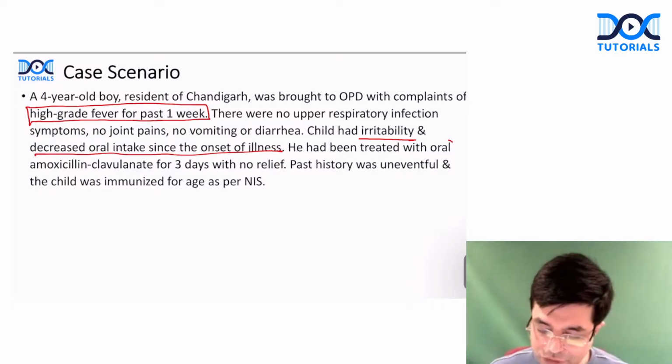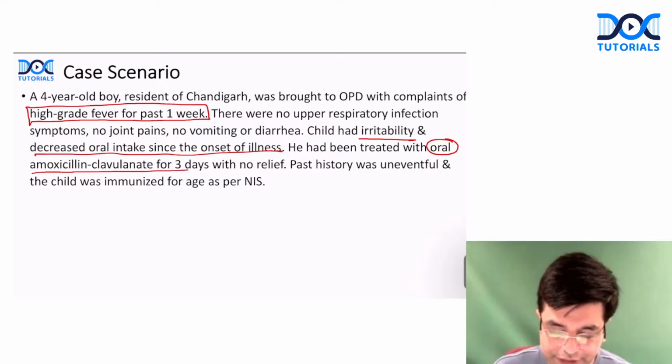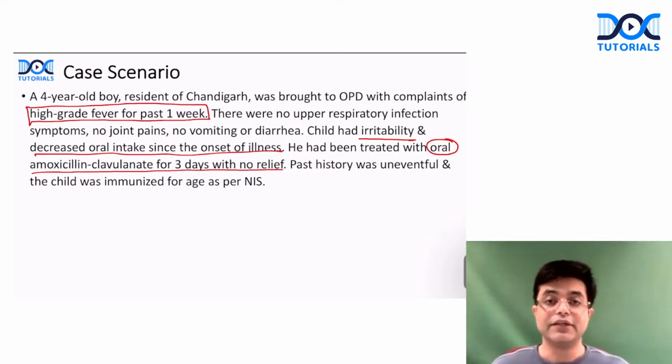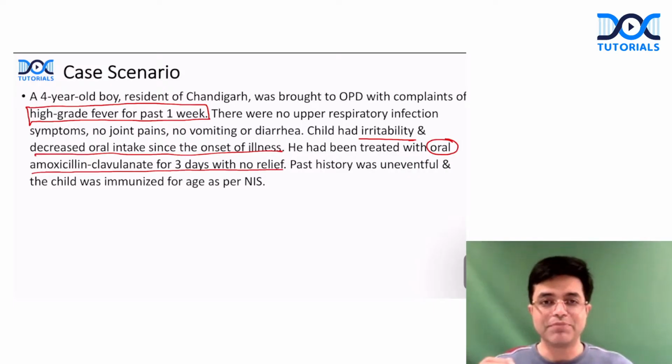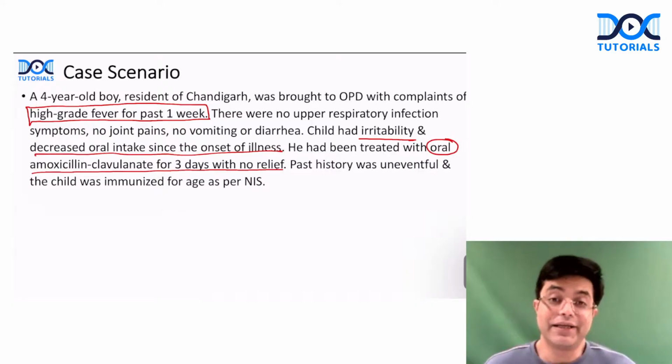He had been treated with oral amoxiclav for 3 days with no relief. This is very important. These days, being a practicing pediatrician, I know half of the time when the parents come to me, they have already started the antibiotic. There is a thing called Dr. Google available these days, and sometimes the local chemist will also give syrup augmentin or syrup amoxiclav to the patient already.